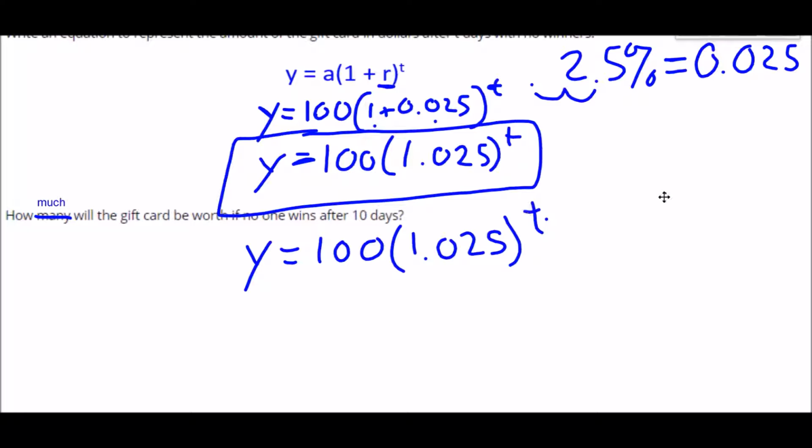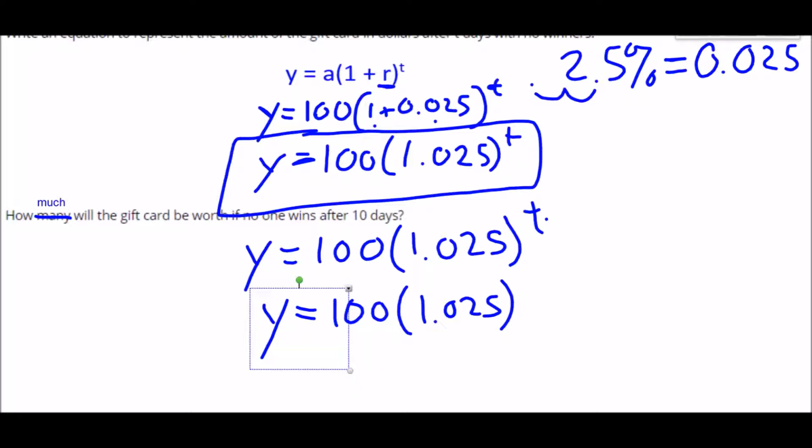So using this equation, 100 times 1.025, but instead of t, we now know we can put 10 for the number of days. Now, I'm not sure what this will all evaluate to, and I can't do it in my head for mental math. So what you could use is a calculator, which I'm bringing up here.